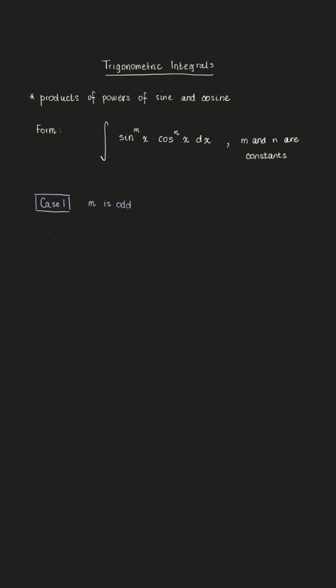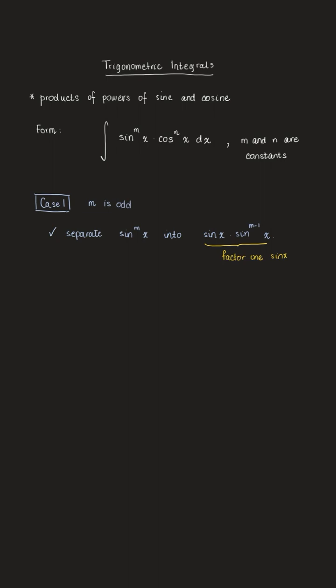So the first thing that we're going to do is separate sine to the mth power of x into one sine that gets pulled out times sine to the m minus 1 of x. So in other words, what we've done here is factor one of the powers out of the expression.